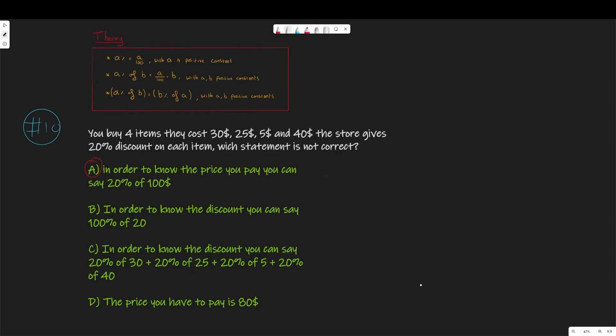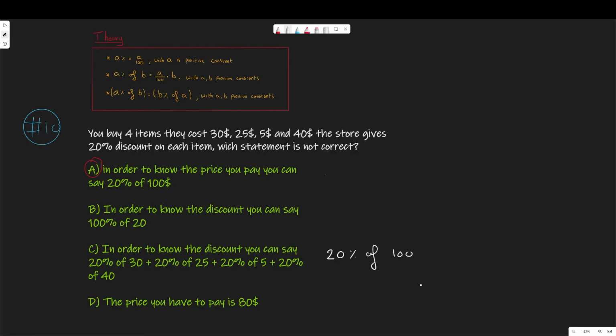So 20% of 30, 20% of 25, 20% of 5, and 20% of 40. So can we do that? Well, we can, because let's take a look at this. So to calculate the discount, like we said before, we have to do 20% out of 100.